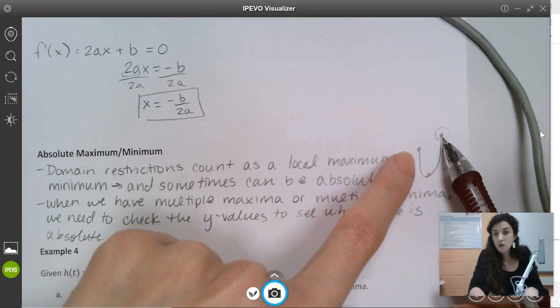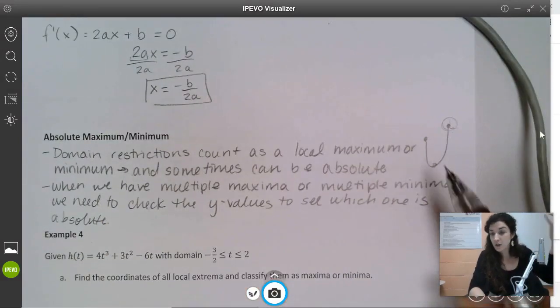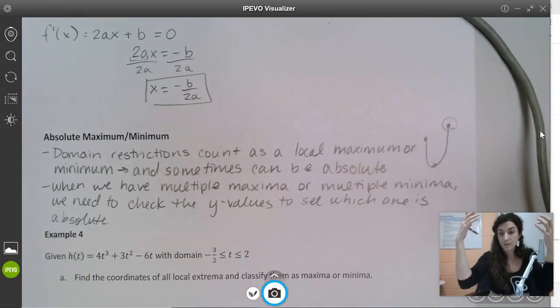Which makes sense. You find local, okay, well, which one has a higher y value? That would be your absolute maximum.